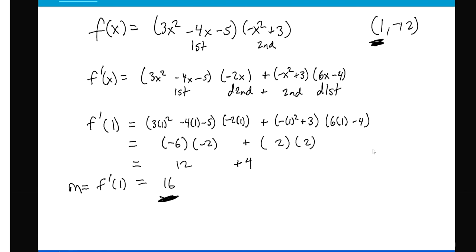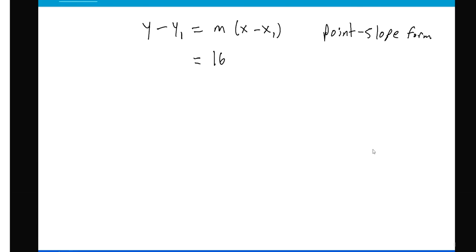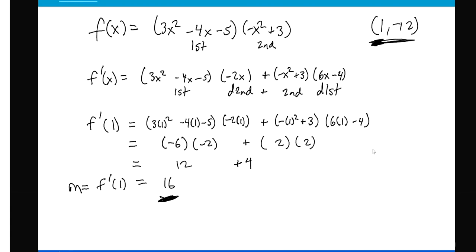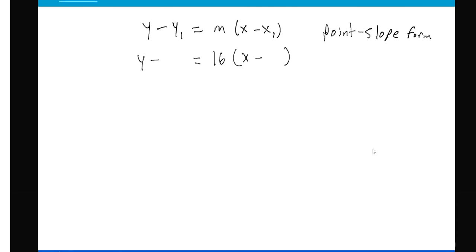So m is going to be 16. So let's go ahead and plug that in. That's 16. You also want to plug in for x sub 1 and y sub 1, and those are just going to be from the point they gave you. They gave you the point (1, -12) here. So x sub 1 will be 1, and y sub 1 will be -12.